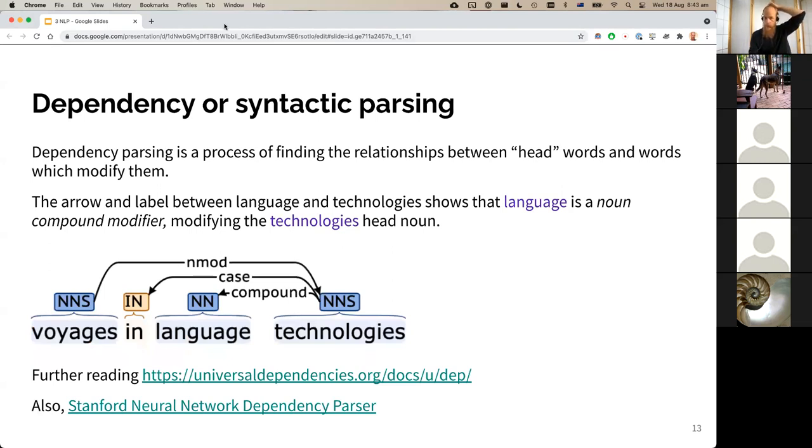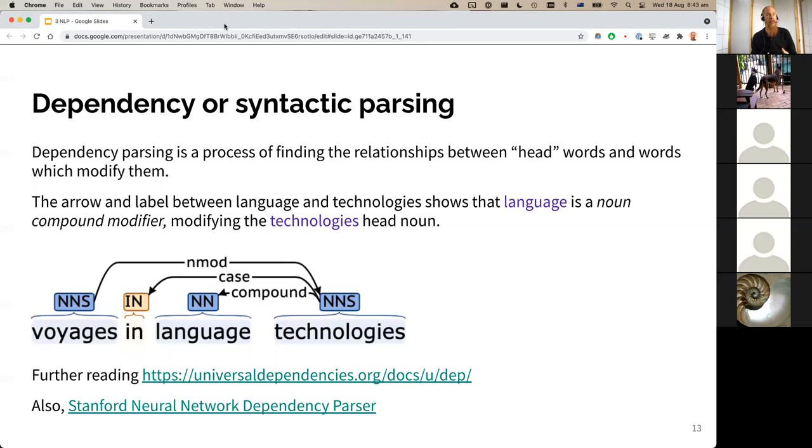Now, putting some of these things together, up to now we've been looking at kind of discrete tasks of tokenizing and chunking, part of speech tagging. So in themselves, they are maybe interesting kind of programming activities. I've been to conferences where people like to announce that they've developed a new part of speech tagger for a particular language.